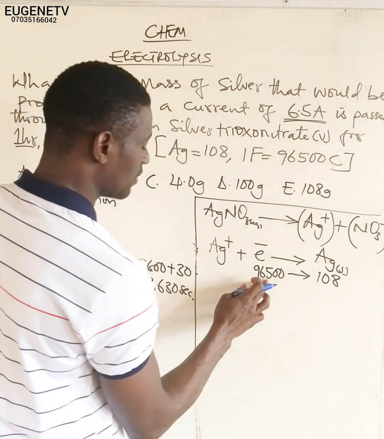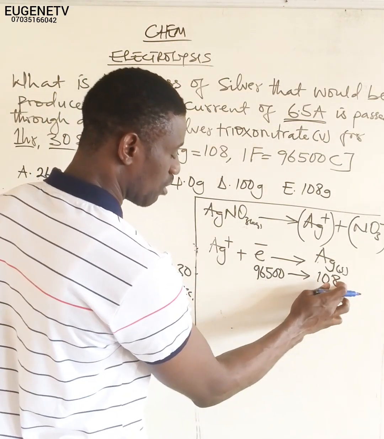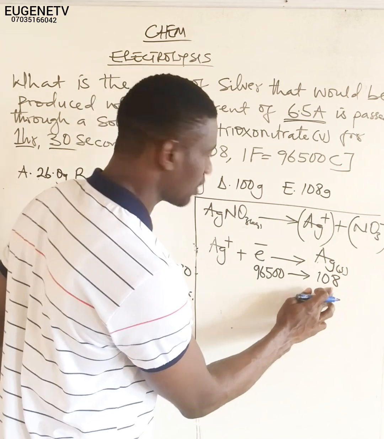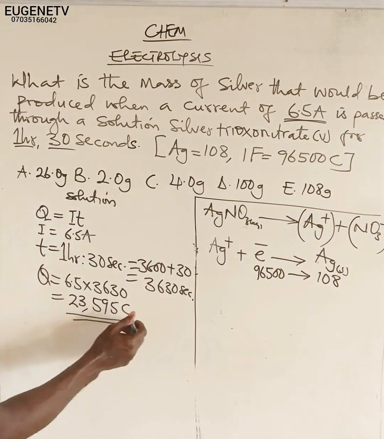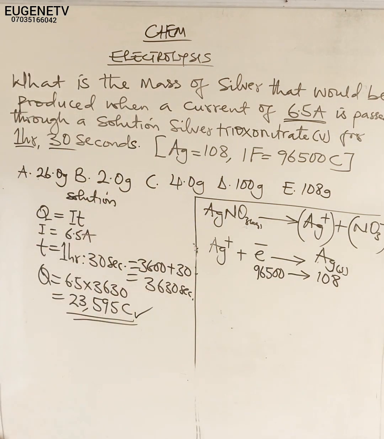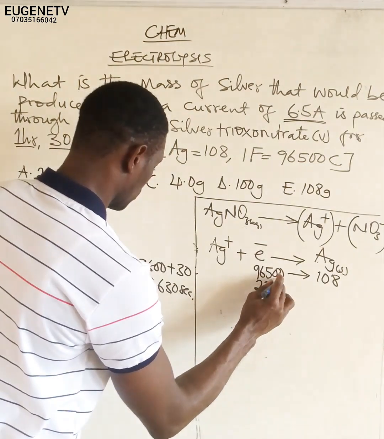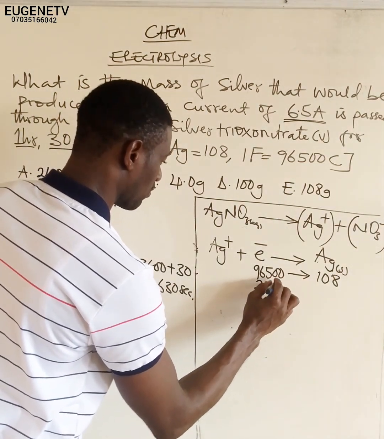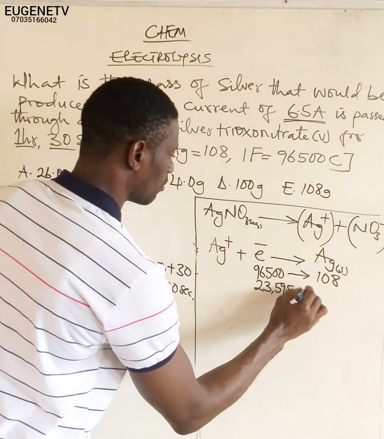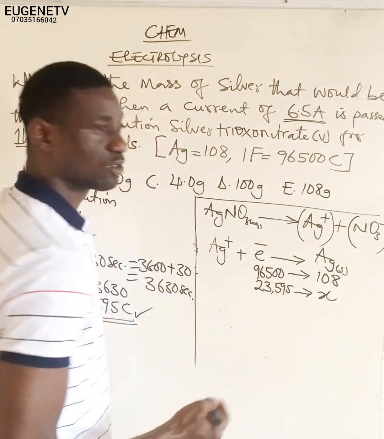Now, if 96500 coulombs will discharge 1 mole of silver, which is equal to 108 grams, how about the quantity of electricity we calculated from the equation, which is 23,595 coulombs? What is going to be the mass that is produced?